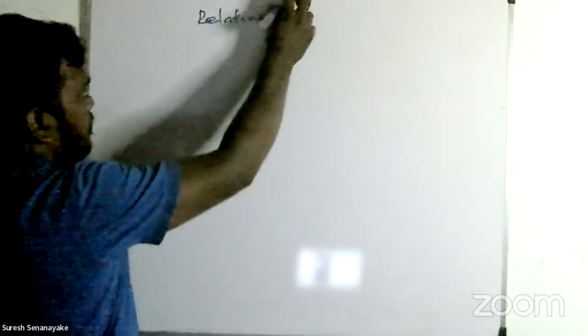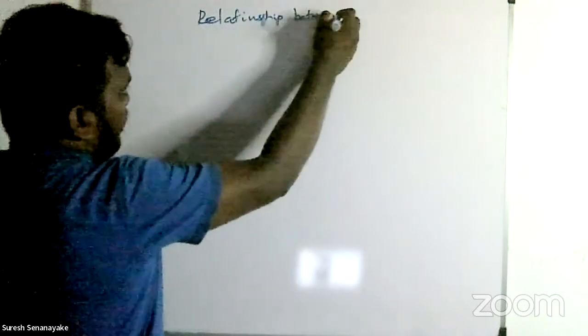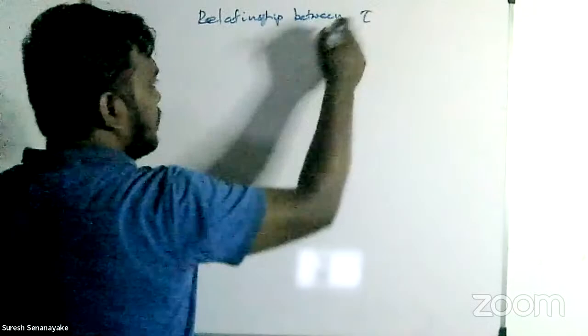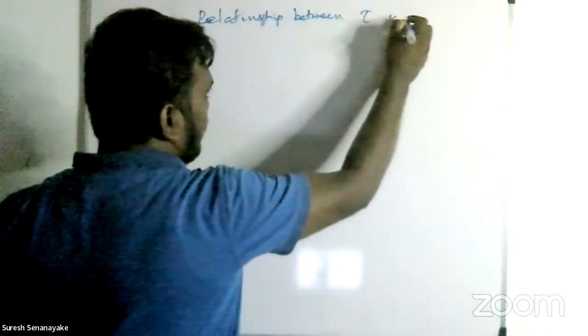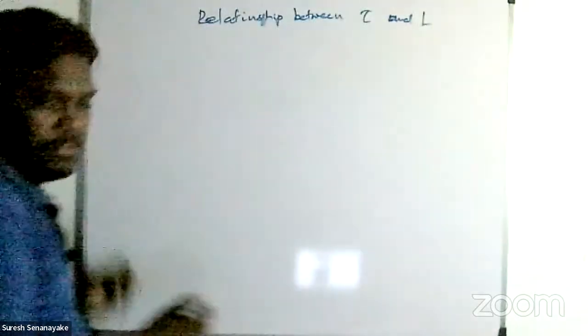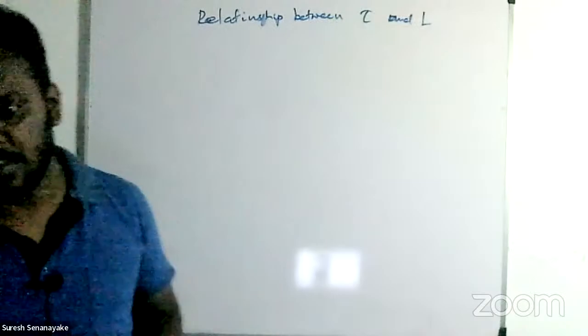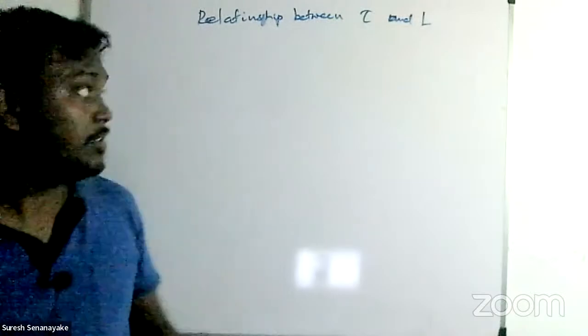Then the relationship between tau and L. This we need to discuss. Tau means torque and L means angular momentum, right?